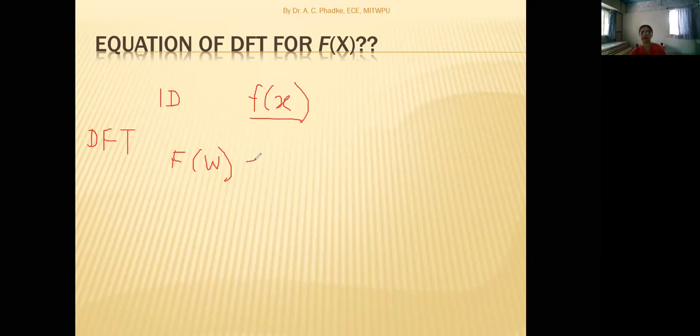You can determine F(w) by summation of f(x), and this signal f(x) is multiplied by a term e raised to minus j 2 pi w divided by 2N, right?